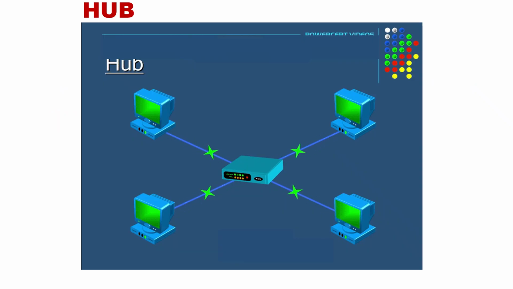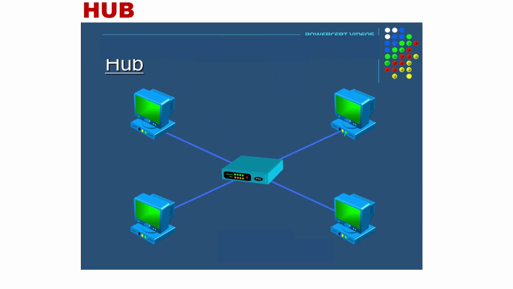Here you can see the working of the hub, where in this diagram each PC will be sending data, and a hub is basically a non-intelligent device, and the working of the hub is always doing a broadcast of the data. Let us take for example, there are PC 1, 2, 3, 4. If PC 1 is sending some data, the hub will be broadcasting the data to all the other devices.